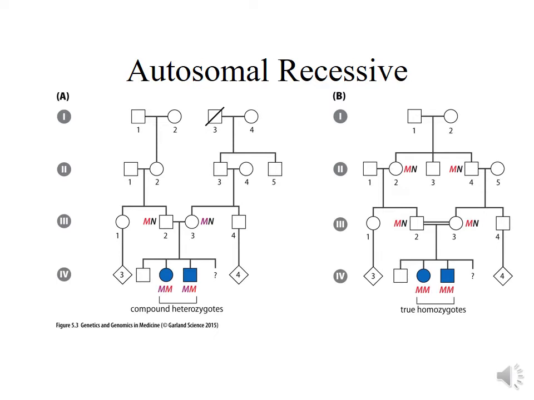The risk that one parent transmits the mutant allele is 1/2. So the risk that both transmit the mutant allele to the child is 1/2 times 1/2 equals 1/4. And that calculation is based on standard probability mathematics.